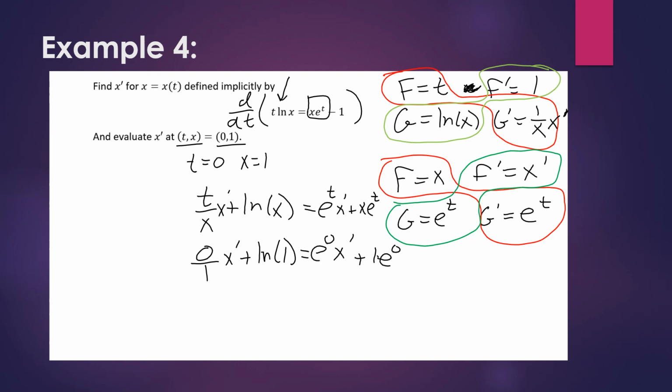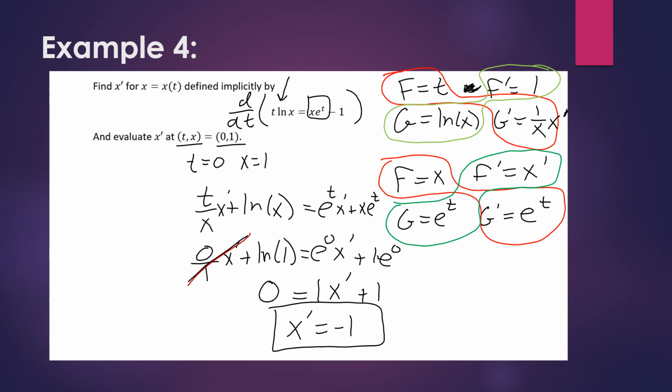So 0 over 1 is 0. So this whole term goes away. Ln of 1 is 0. E to the 0 is 1 x prime plus 1. So move the 1 over, I'm going to get x prime equals -1. And that'll be my final answer.